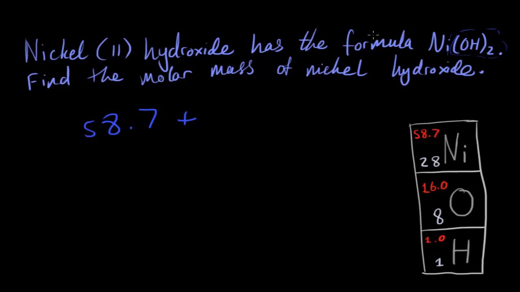And we know that it's 2 moles of OH. So I'm going to use brackets and multiply whatever is inside the brackets by 2, with 16 plus 1 inside the brackets. That gives us 58.7 plus 2 multiplied by 16 plus 1 equals 92.7.